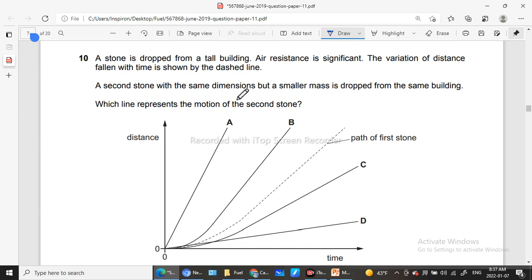Of course, same dimensions means the same air resistance force, because the air resistance depends on the volume or the dimensions. But a smaller mass is dropped from the same building. Which line represents the motion of the second stone?